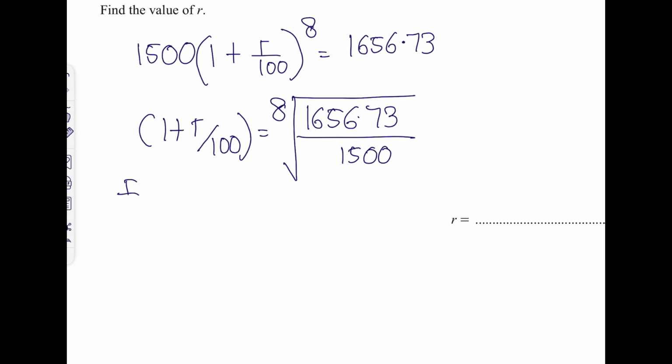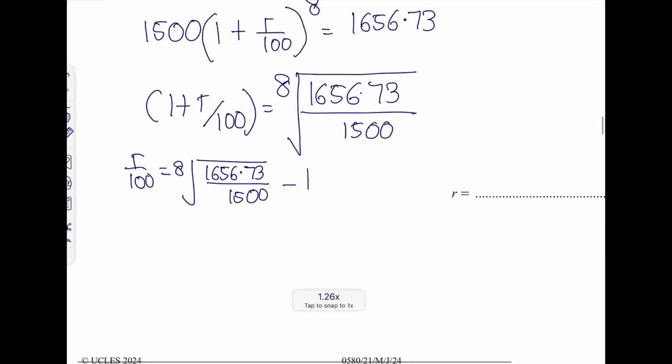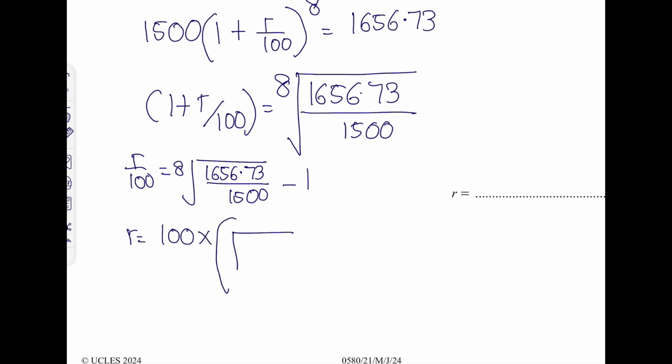basically, R over 100 would be this whole thing, the 8th root of 1656.73 over 1500, minus 1. And then R would be 100 into the whole thing in the bracket, because it's dividing, so multiply. So 8th root of 1656.73 divided by 1500, minus 1.